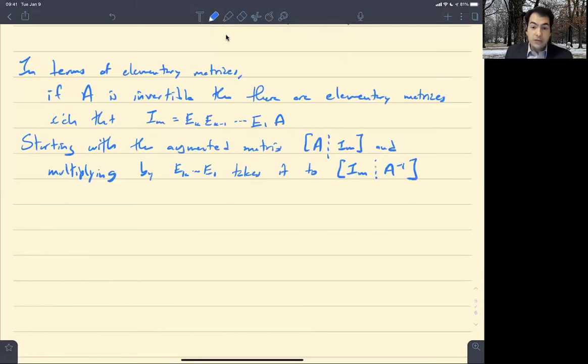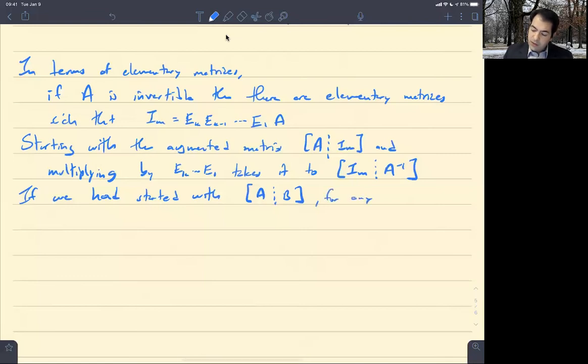But since we're doing this just by multiplication by this matrix, we notice that if we had started instead of augmenting with the identity, let's say I augment with some other matrix B. This doesn't even have to be a square matrix. I can augment any number of columns I want that are of the correct size.